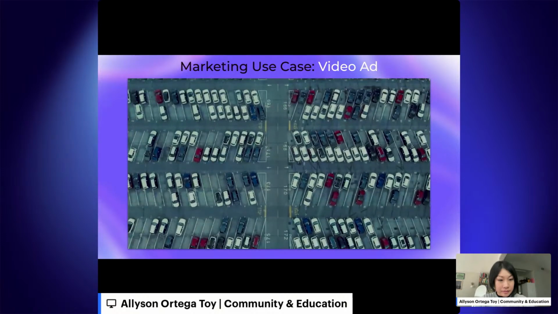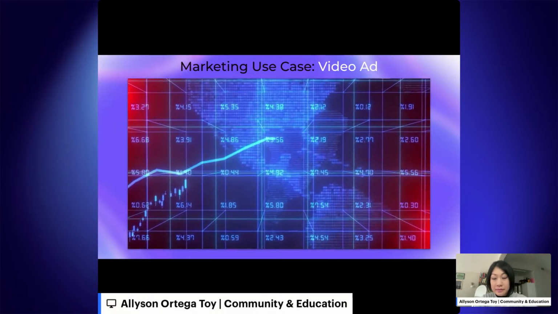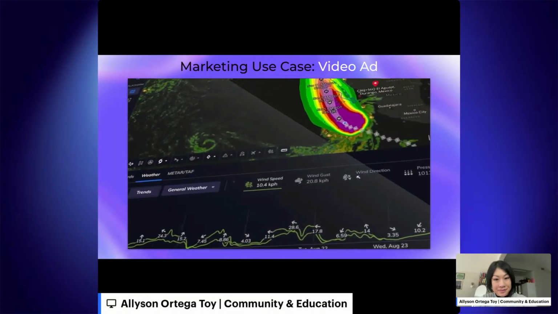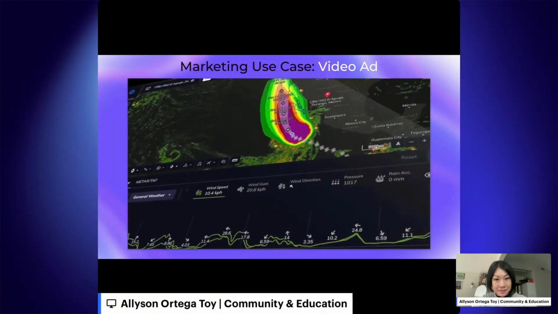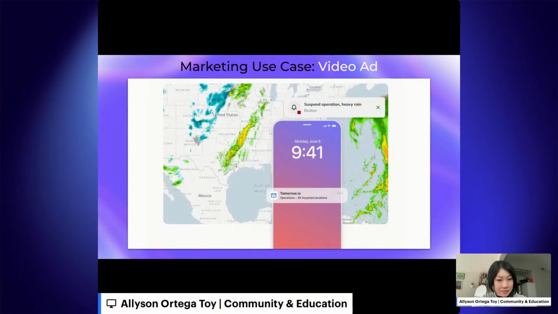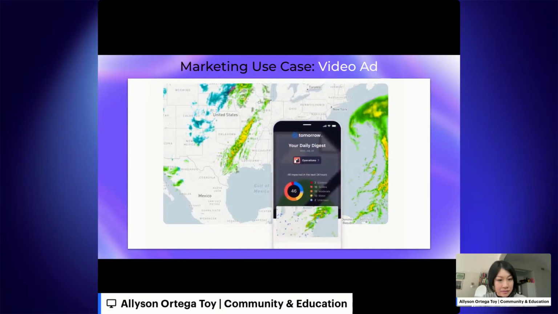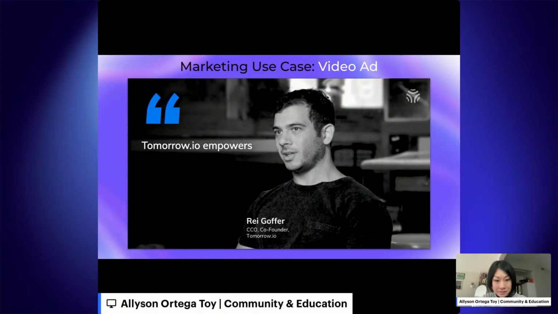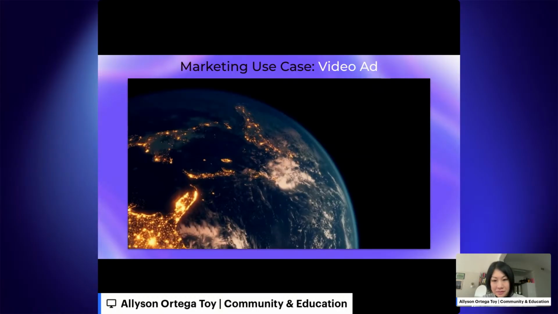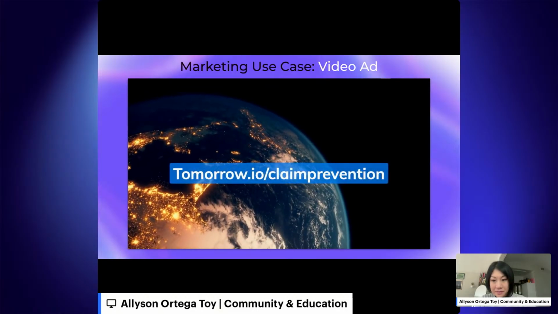For auto insurers, a single hailstorm can damage thousands of vehicles in minutes, driving claims through the roof. But with Tomorrow.io, insurance companies can predict these storms and act fast by providing real-time alerts to customers and mitigating claims before they occur. Tomorrow.io empowers insurers to save millions in hail damage annually and build resilience for whatever the skies bring next. Learn how at tomorrow.io/claim prevention today.